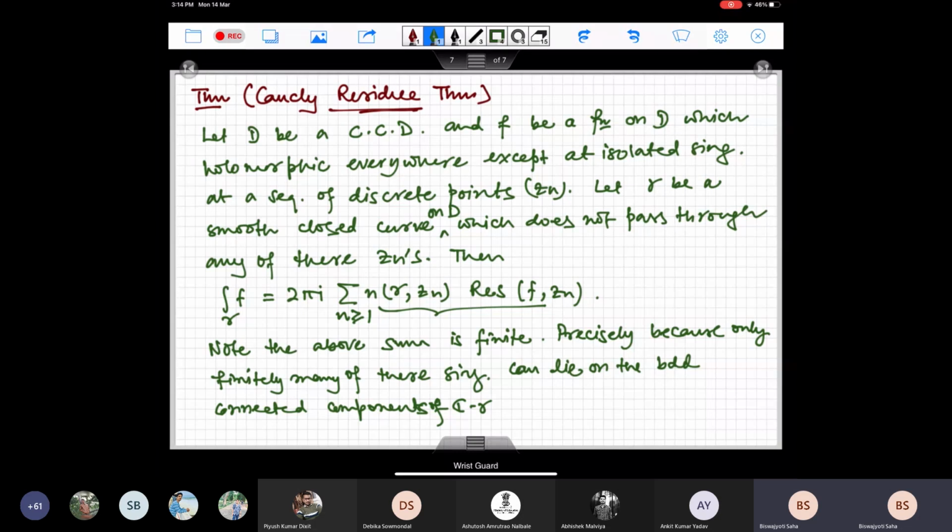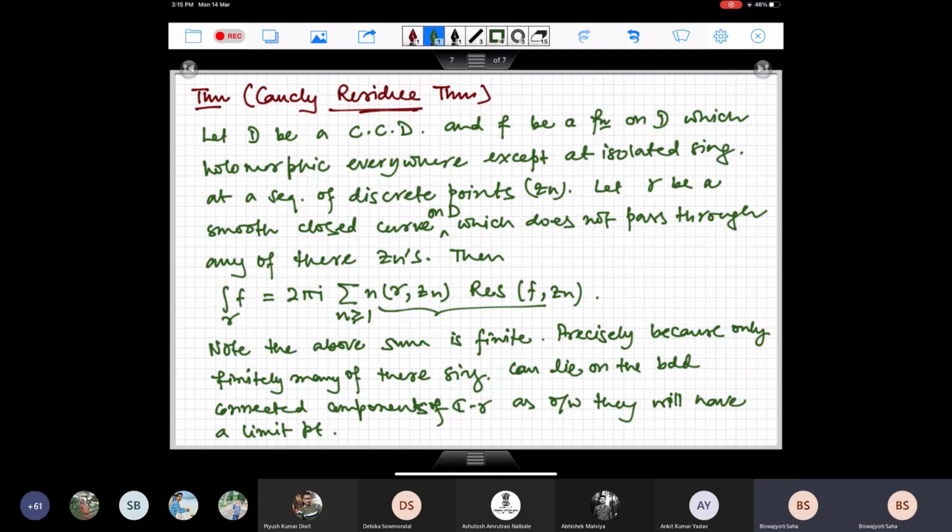Any bounded sequence has a limit point in C. But I am saying that these zn are a discrete set of points, isolated singularities, so that's not going to be possible, as otherwise they will have a limit point.